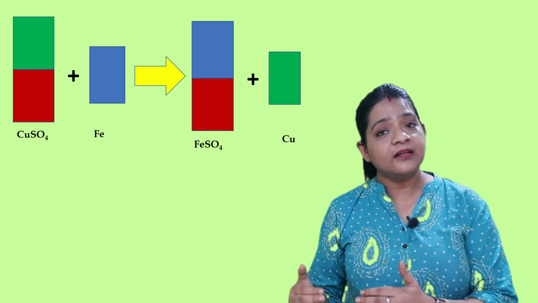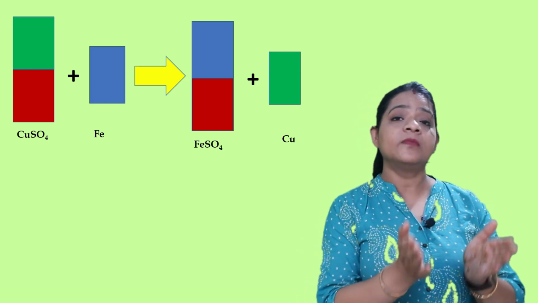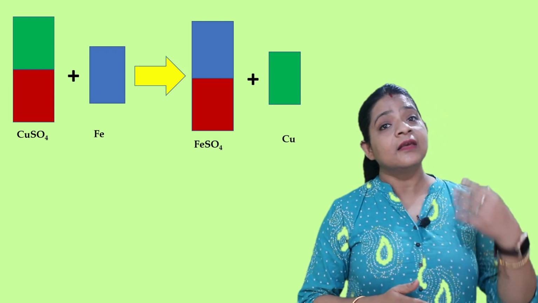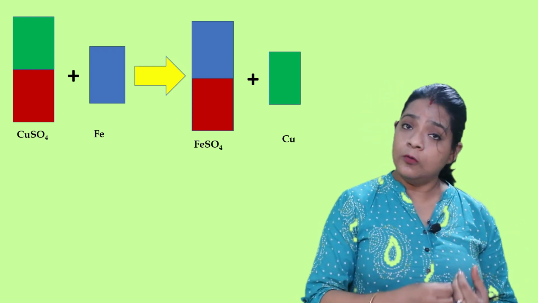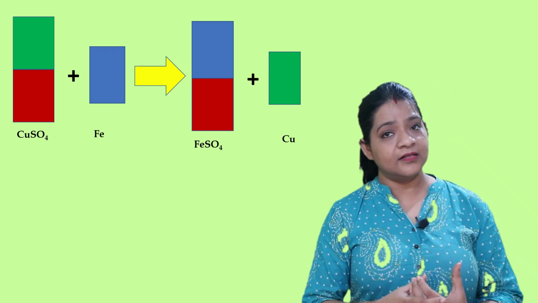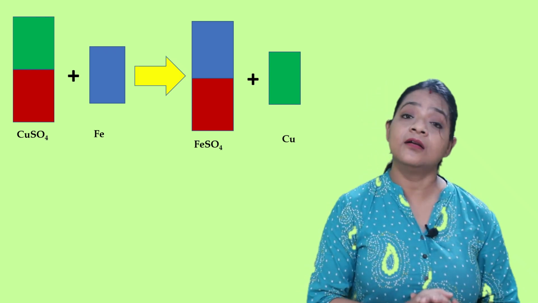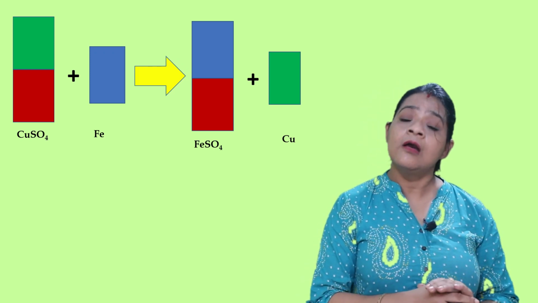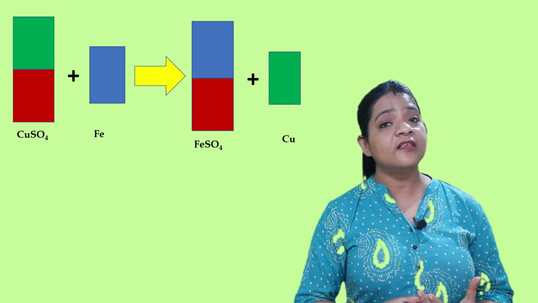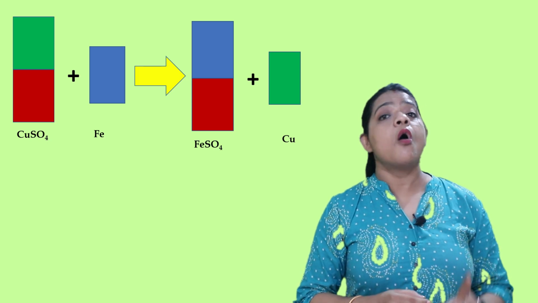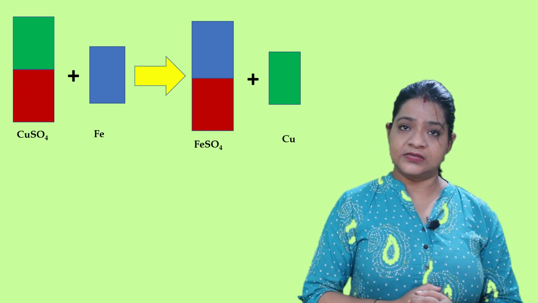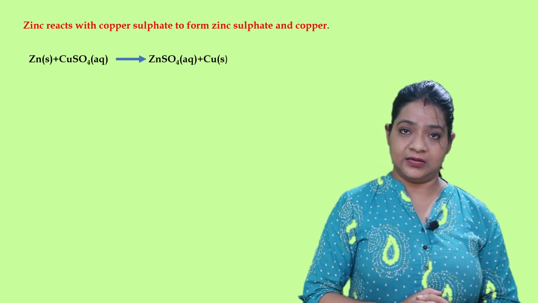When it reacts, it forms a new compound, iron sulfate, that is the red and the blue box, leaving behind the green box, that is copper. Here, why is it called a single displacement reaction? Because only a single element has been displaced. Hence it is called a single displacement reaction.